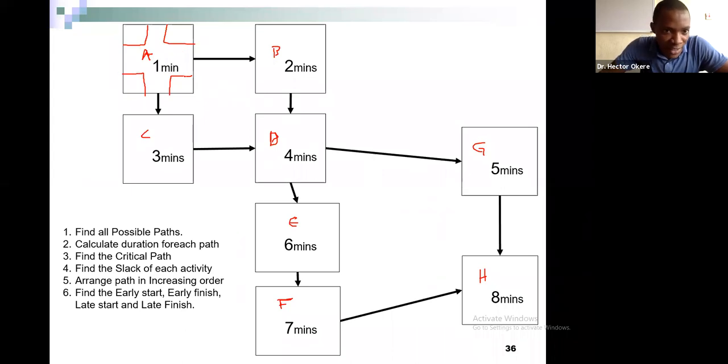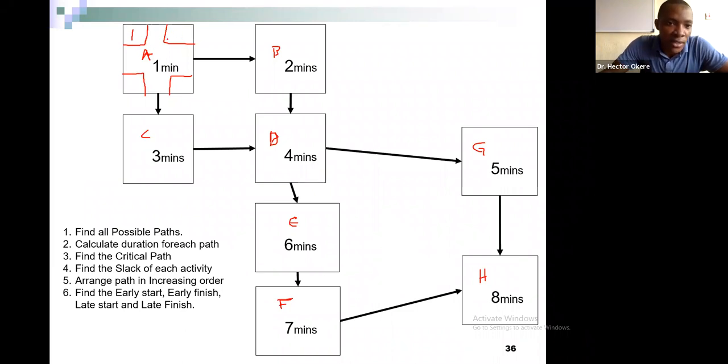So early start will be here, late start will be here, early finish will be here, late finish will be here. For activity A, the first one will always be 1, because early start is the previous start plus 1. There's nothing in the previous start, so previous start plus 1 will be early start 1.